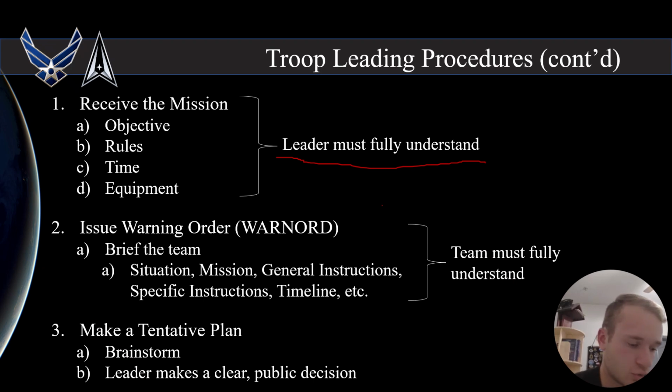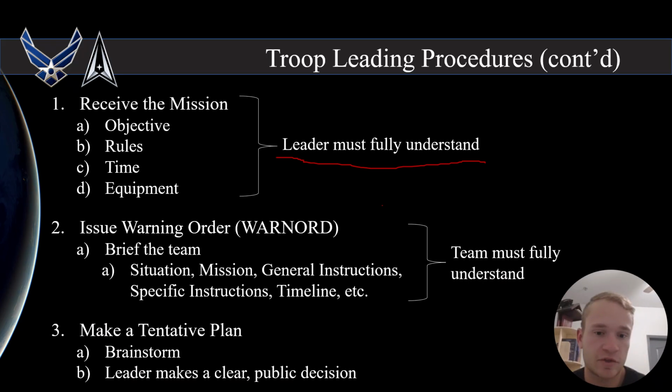So you should work that into the second step. While you're briefing your team, you're learning as much as you can about the prompt itself. You're acting as a sponge. While you're reading it to your team, you're learning as much as you possibly can in order to actually make a tentative plan and do your third step.